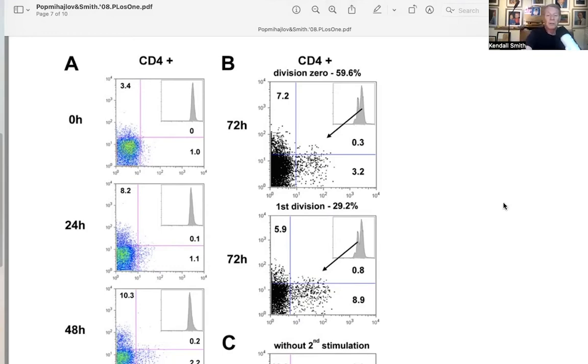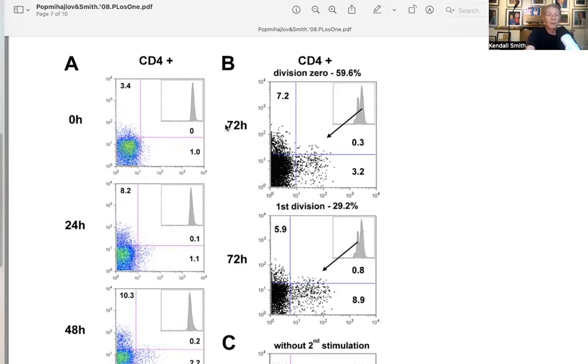And so we took CD4 positive cells, and we looked at them at 0 hours, 24, 48 hours, and so forth. What we have here is FOXP3 on the ordinate again, and now we have interleukin-2 on the abscissa.